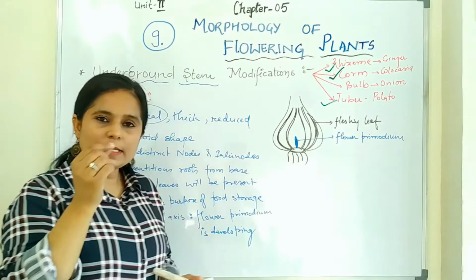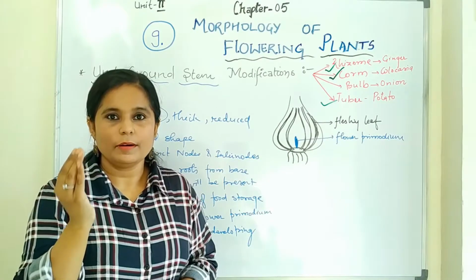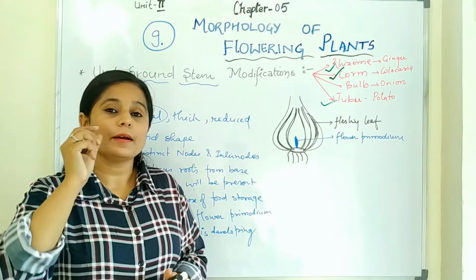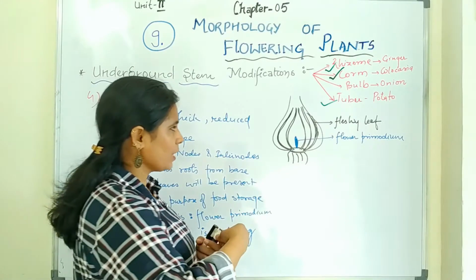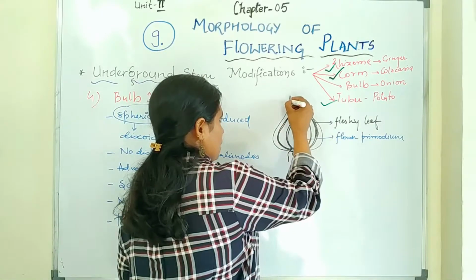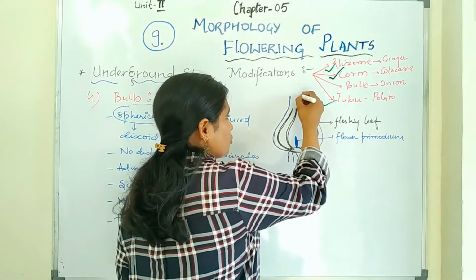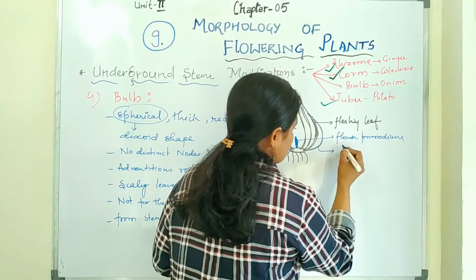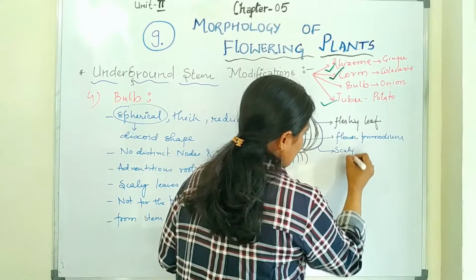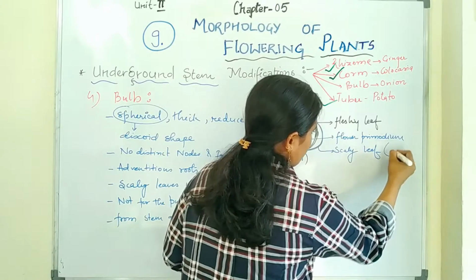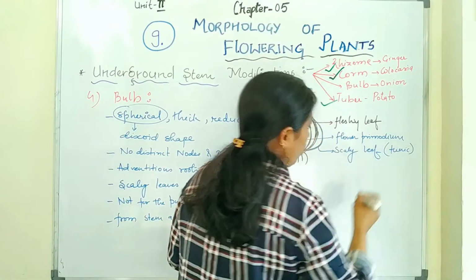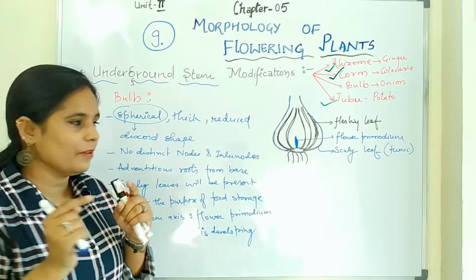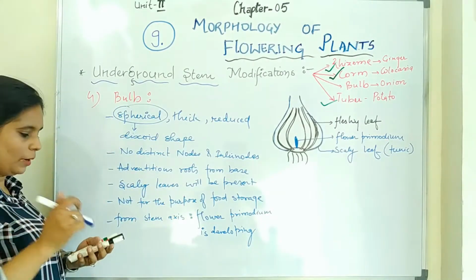Then you will see that the outermost layer is also a type of leaf which becomes dry and papery. This outermost covering, which we peel off while eating the onion, is called the scaly leaf, which can also be called tunic. On the basis of this outermost layer, we can divide the bulb into two categories.